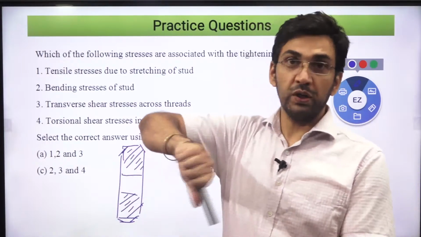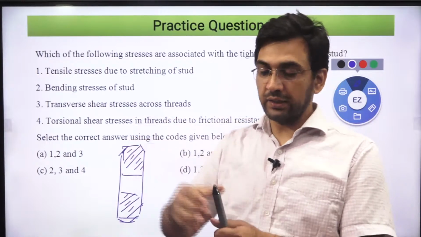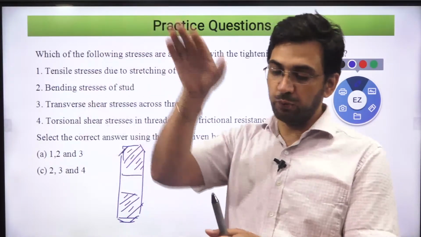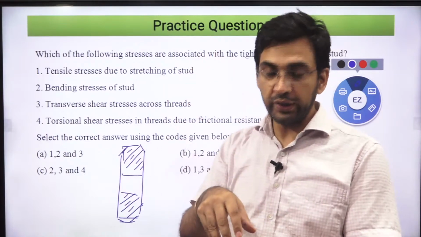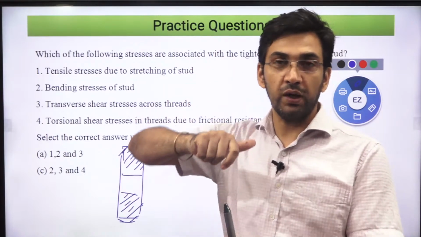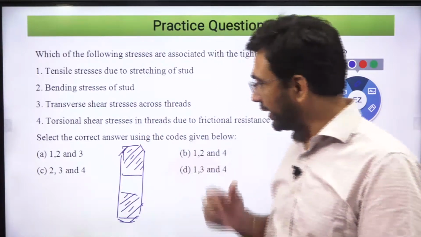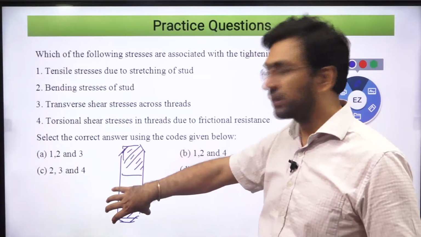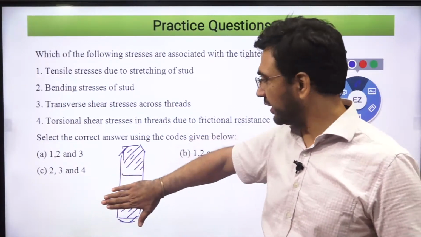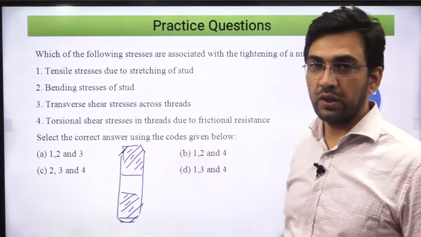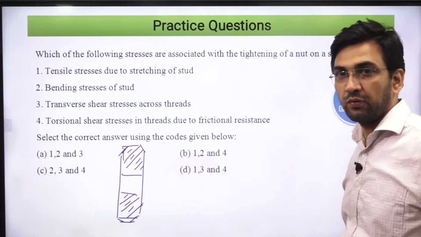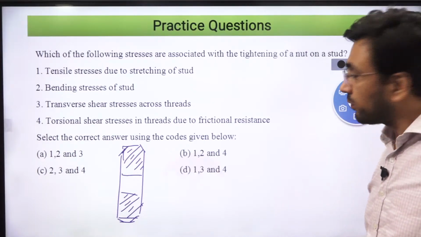I have screwed one part onto that larger part, and the other part is coming out. We will allow the other part to go through, and then we will tighten the nut from above, right? So one end is always kind of fixed, and the other part remains free. That's what we call a stud.